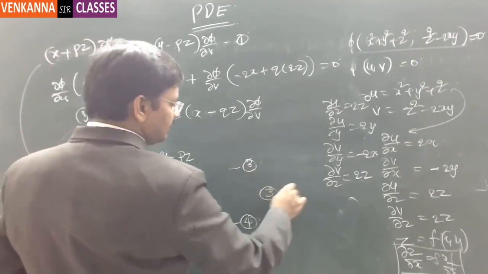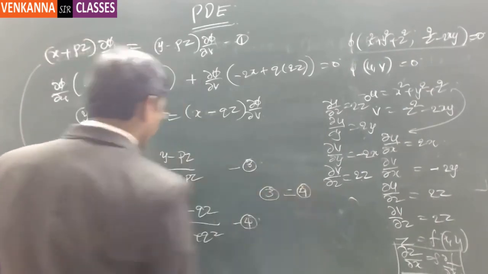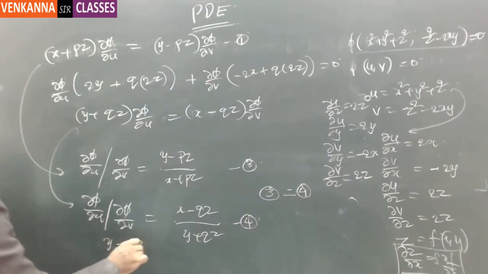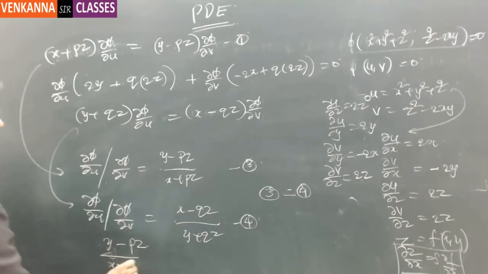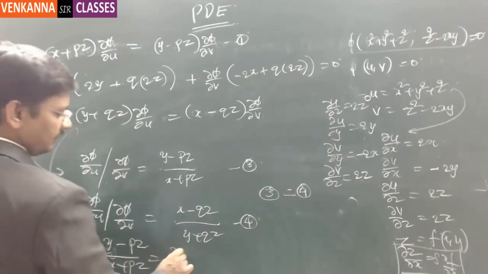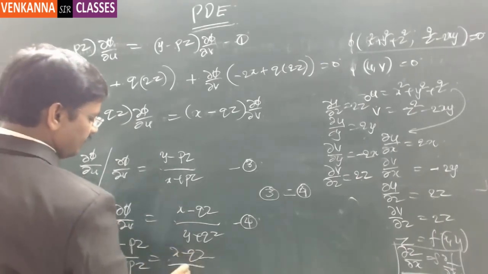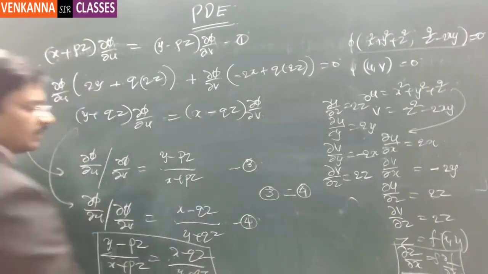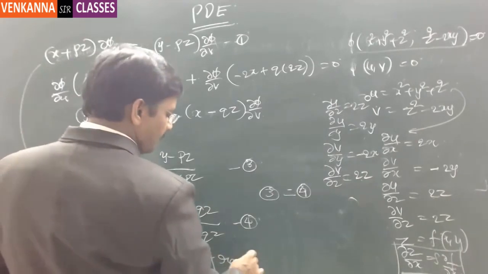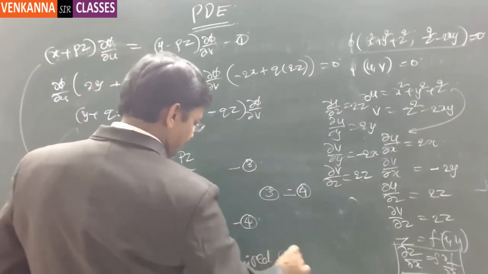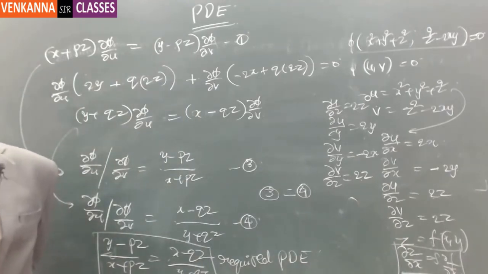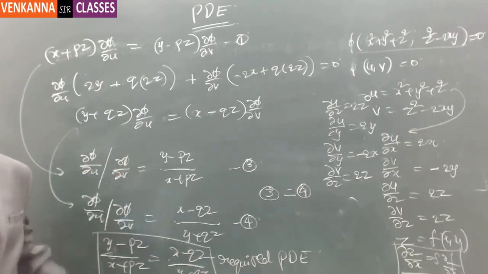But equation number 3 is equal to equation number 4. Now you can get y minus pz divided by x plus pz is equal to x minus qz divided by y plus qz. So this is the required PDE. Got it? Understood? I just equated these two.